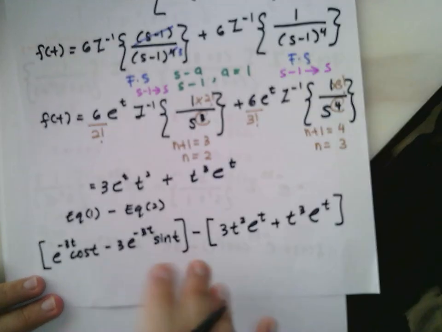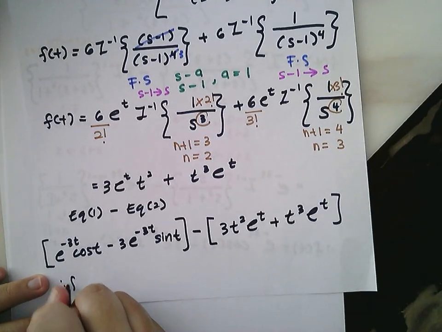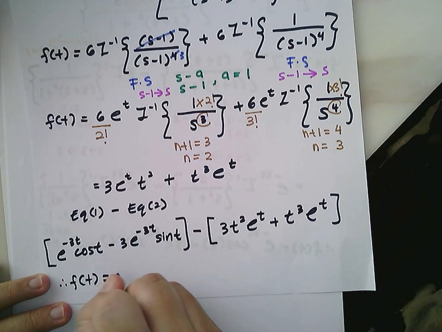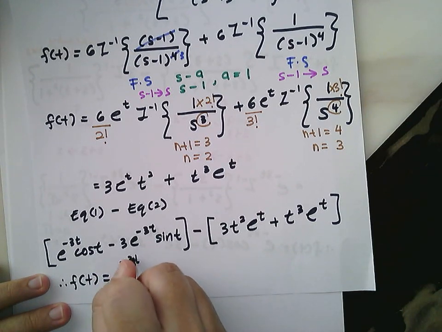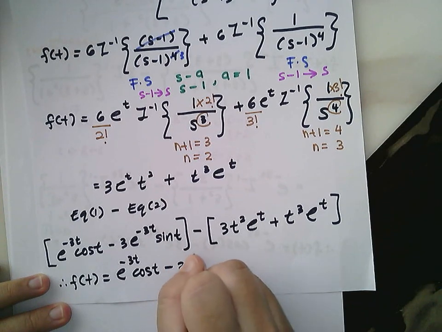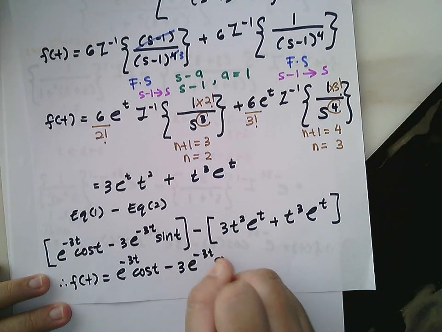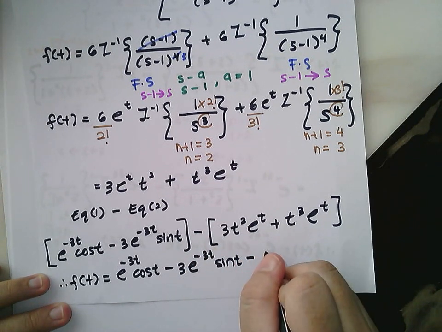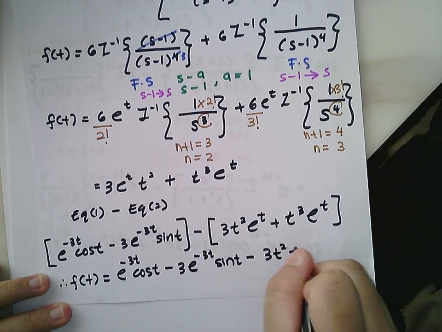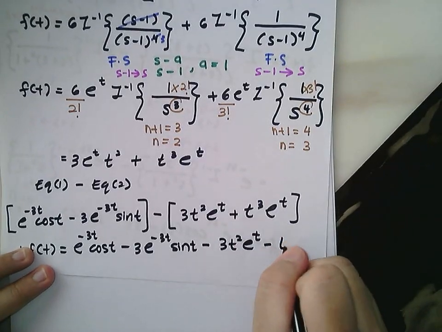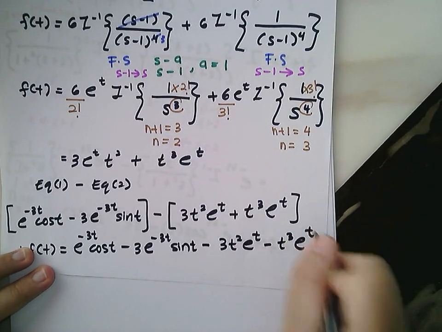So therefore you will have your f(t) is equal to e^(-3t) cos t minus 3 e^(-3t) sin t. This one will be minus 3t^2 e^t and again minus t^3 e^t.